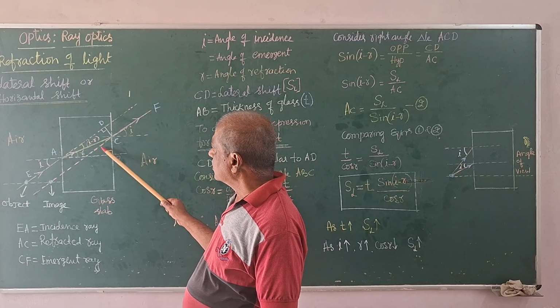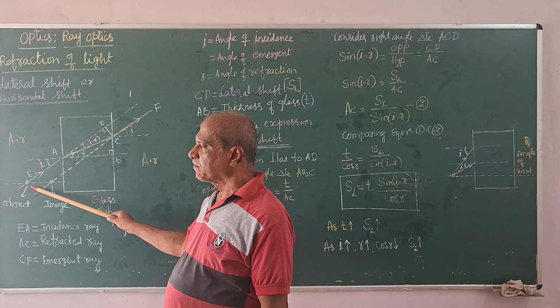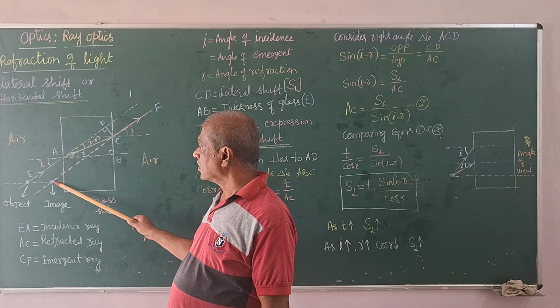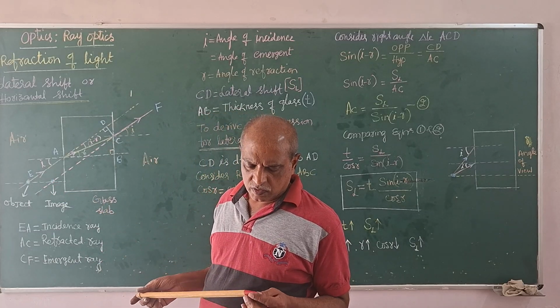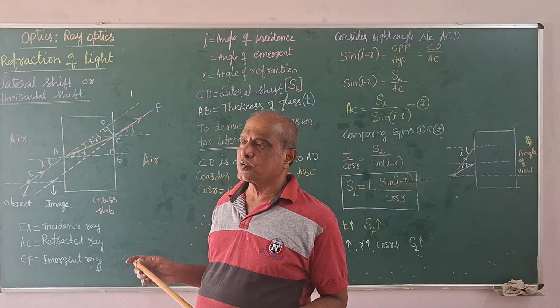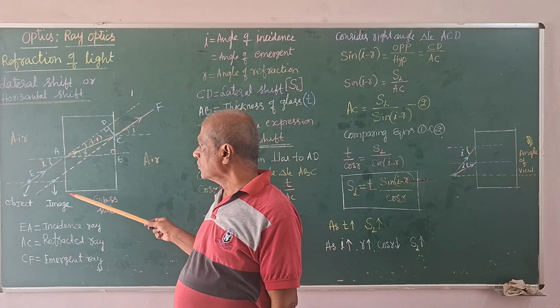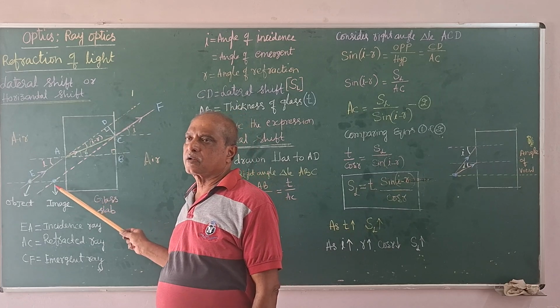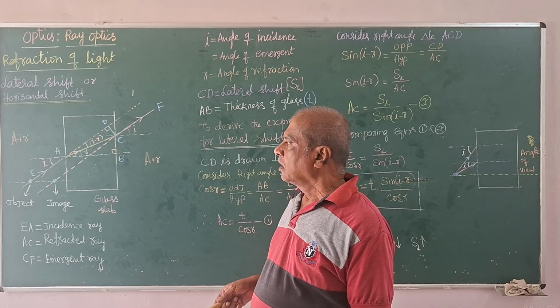Due to this lateral shift, the object appears to be present here. It is another way of optical illusion, but we are not calling it optical illusion. We are calling this parallax error. What is parallax error?